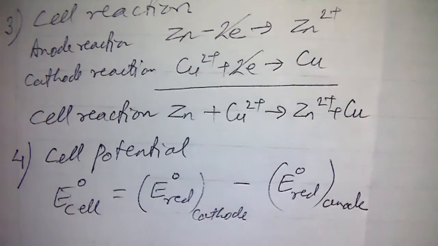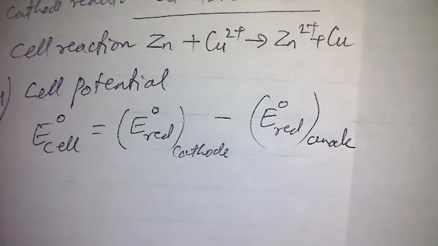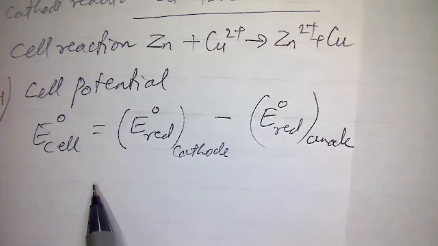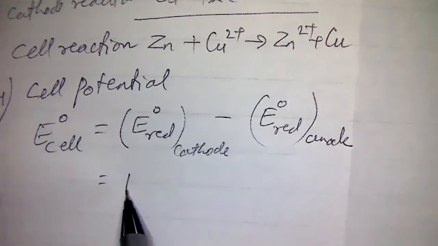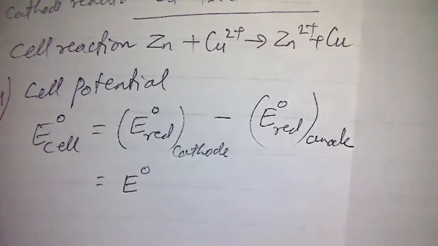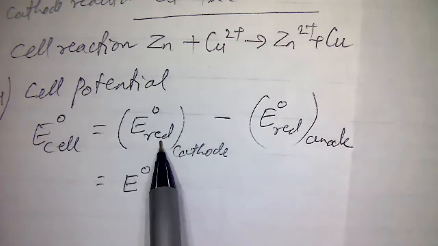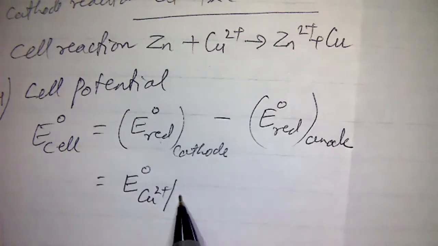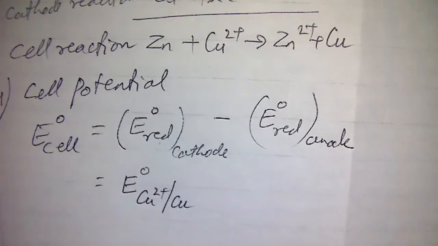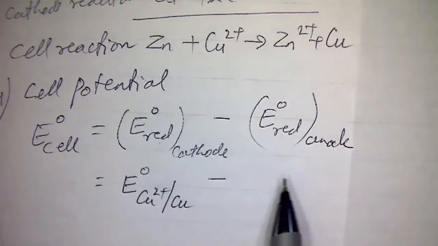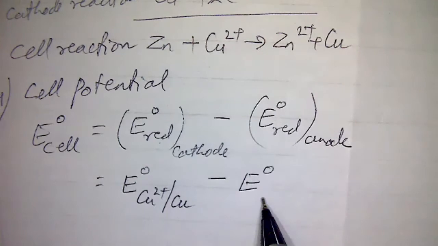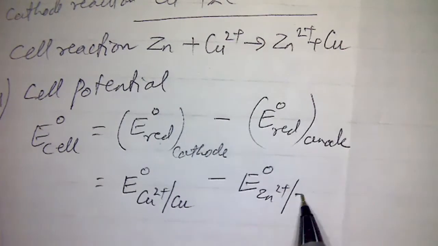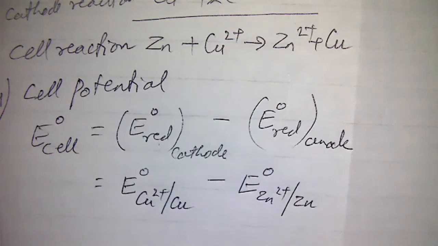Now, what is the anode and what is the cathode? You already know. So I'll just write it down like this for you to understand better. E naught cathode. Cathode was copper, and it is reduced. Reduction means Cu2+/Cu. Same way, zinc was the anode, so Zn2+/Zn. These two values are given in the question itself.